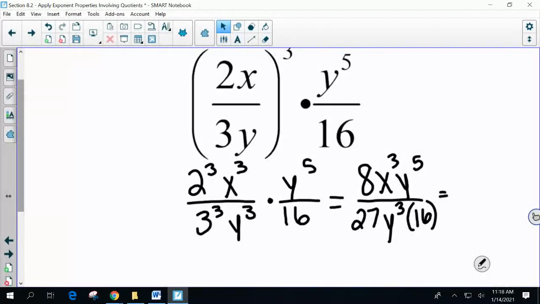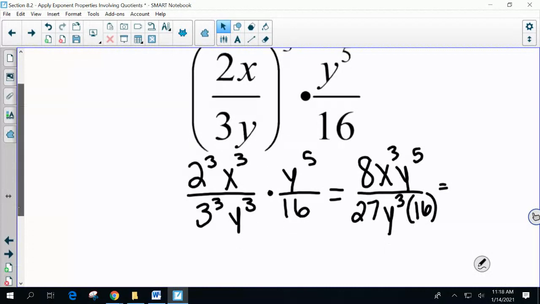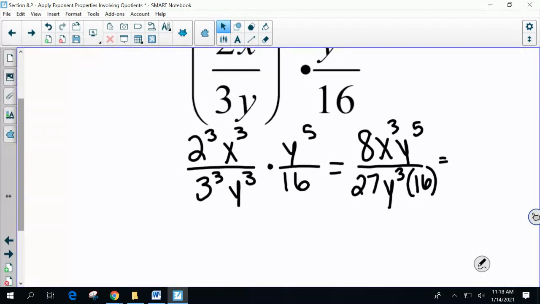Okay, so the next thing I would do would be to multiply 27 by 16. So I would end up with 8x to the third, y to the 5th, over 432 y to the third. The next thing I need to do is subtract my y to the 5th over y to the third. So that's going to give me y squared.